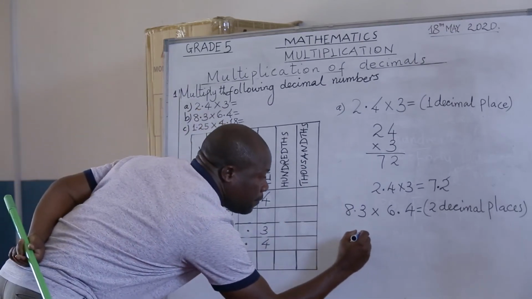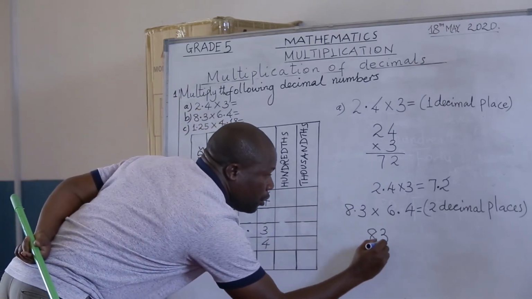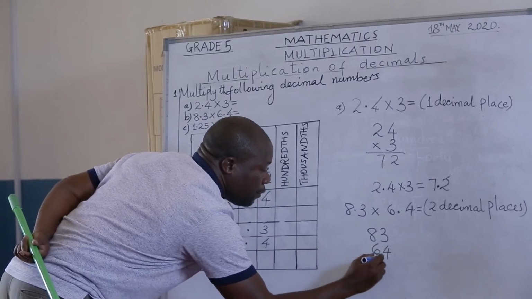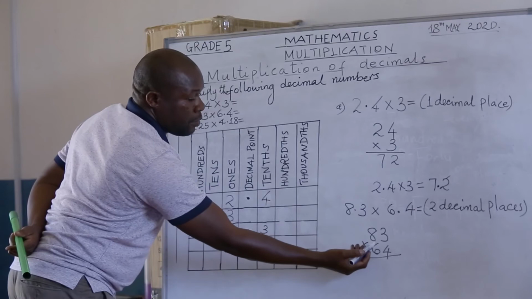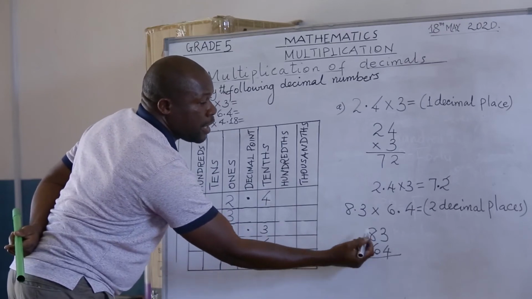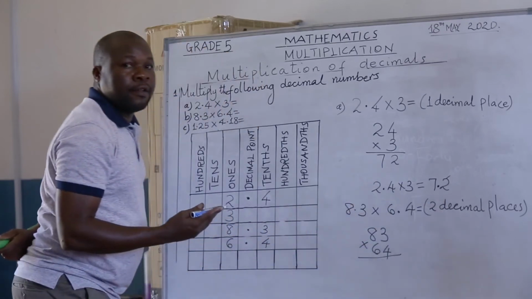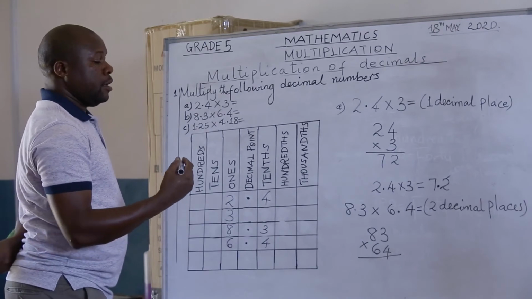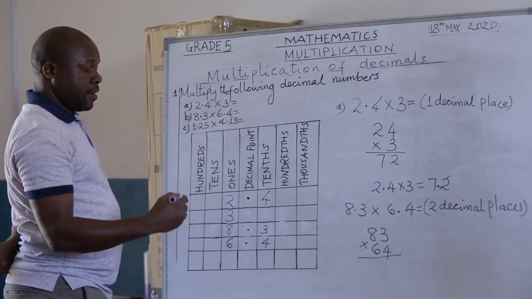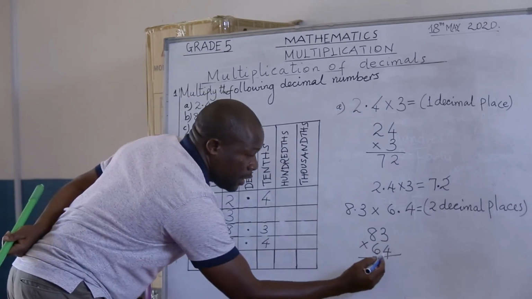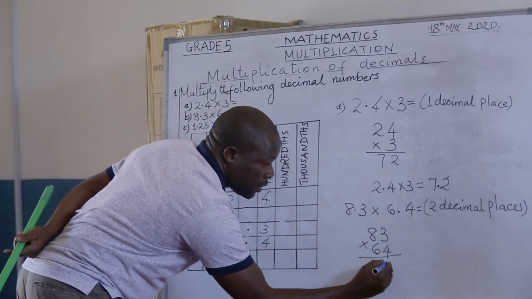So let us check 8, 3, 6, and 4. Now you can see I am working this question without the decimal points. I have preserved them somewhere, so that during my working I will remember to bring back the decimal places. Let's take 4 times 3 is equal to 12.